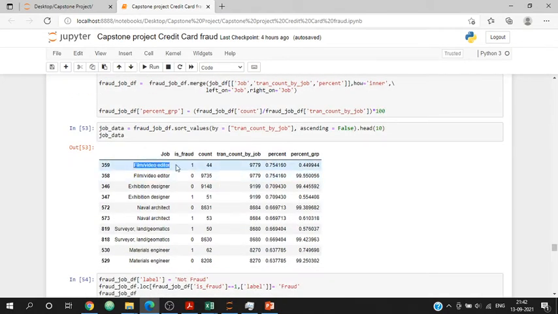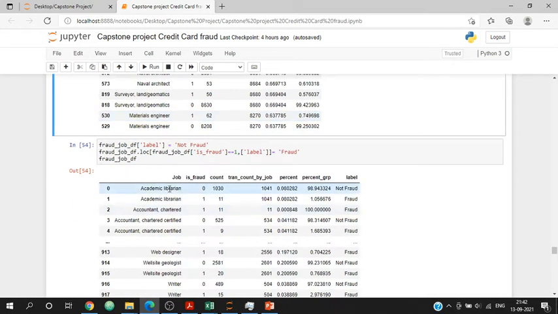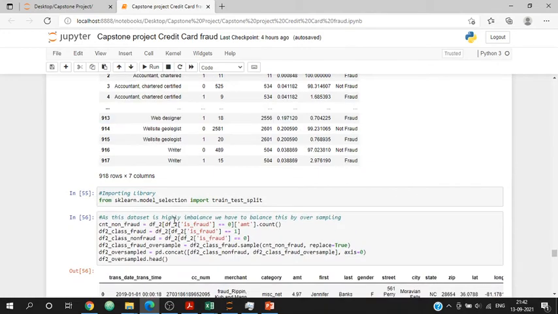For film editor, the number of fraud transactions is 44 and proper transactions are 9,000. This is to check the percentage group. This is also similar, we are just ordering it alphabetically.